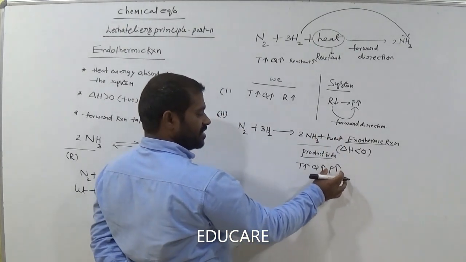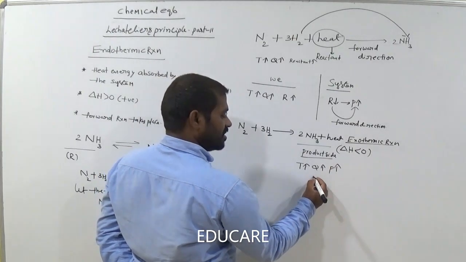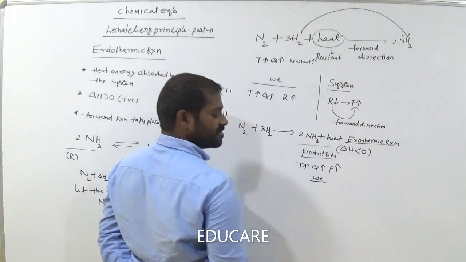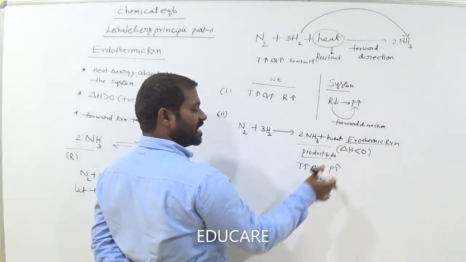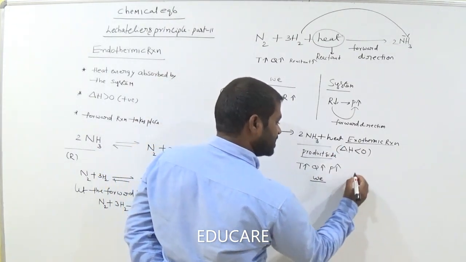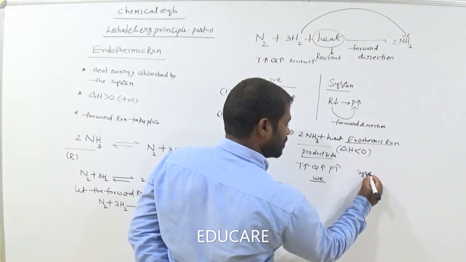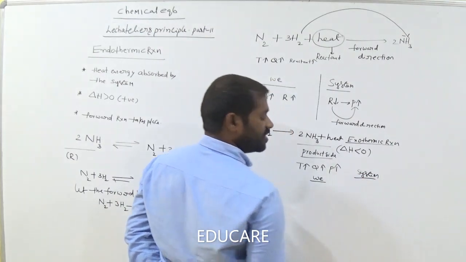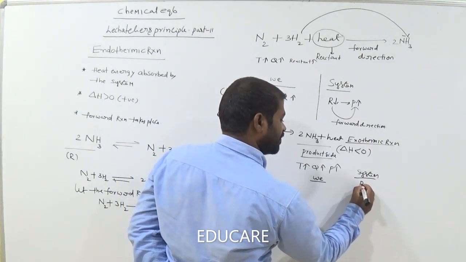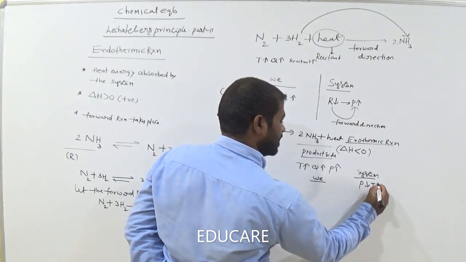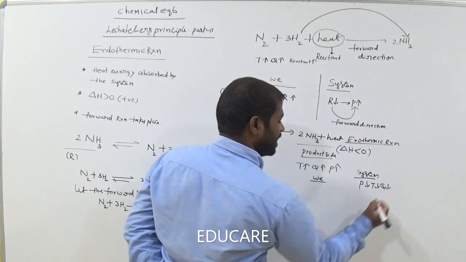So when this is done by us, we increase the product concentration. Now automatically the system tries to decrease the product concentration, temperature and Q.